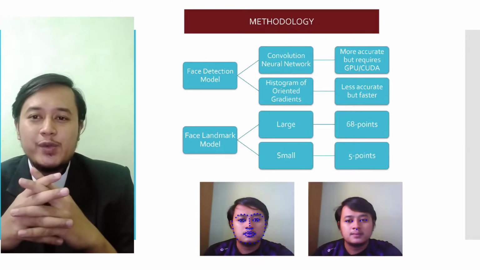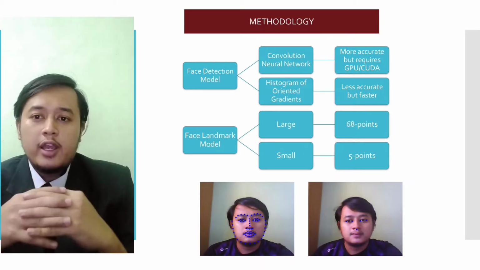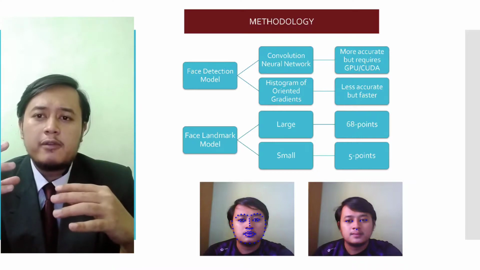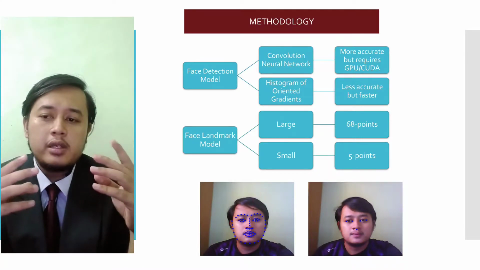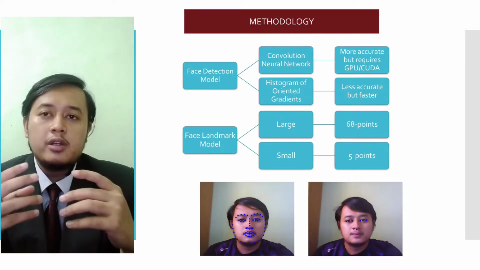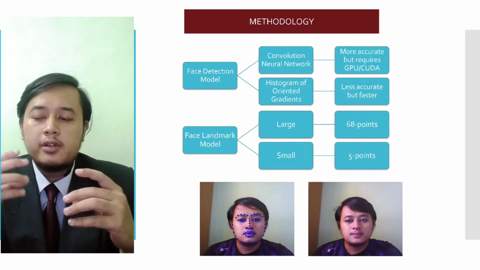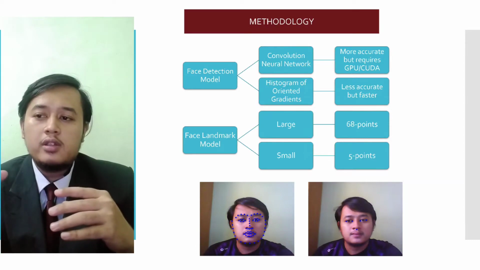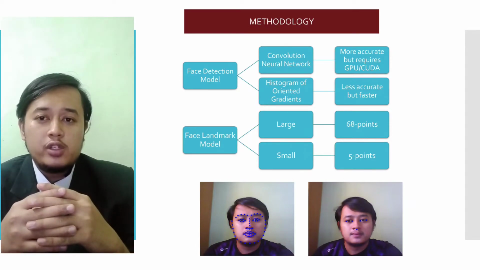Next, continue with the face detection model and face landmark model. Both of these models are included in the deep learning of the face recognition library that has been used in this Python programming language.